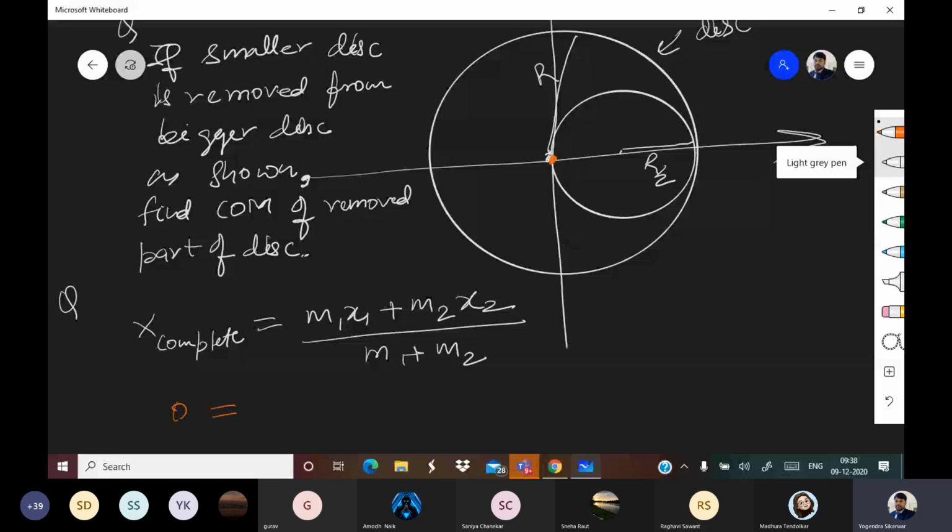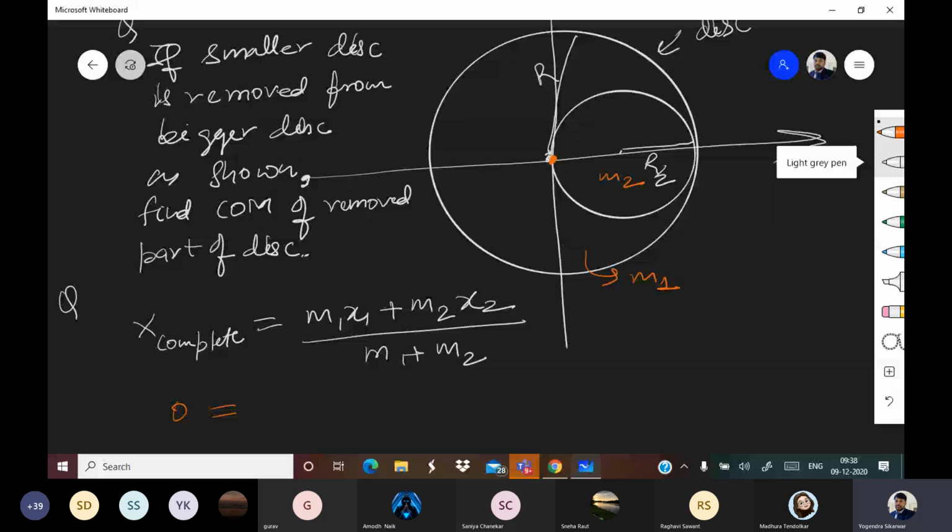Now comes the next part. We are calling the removed part M2. This is M2 and this is M1. So the left part is M1. Now the question arises: how much is M1 and how much is M2? So pay attention.